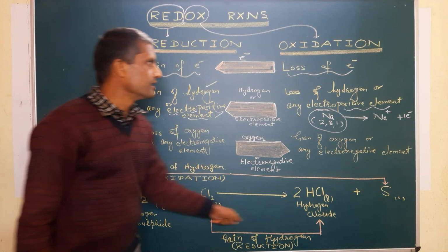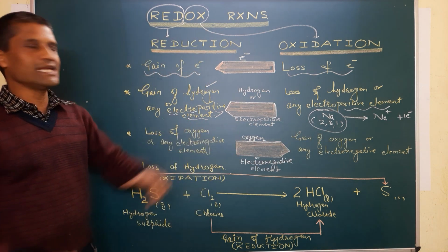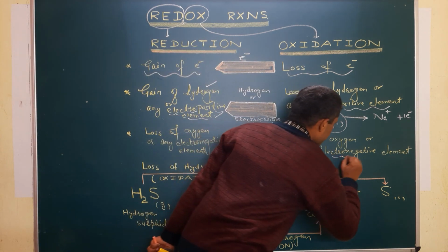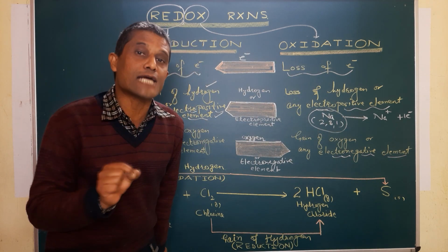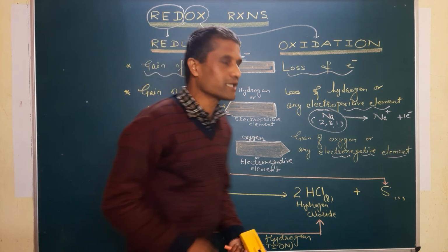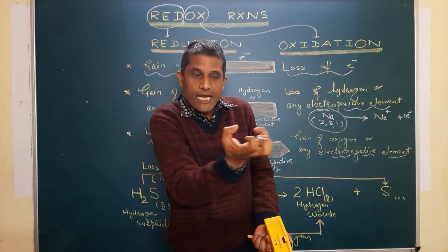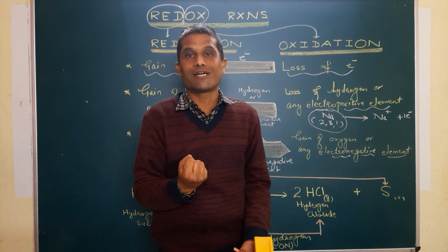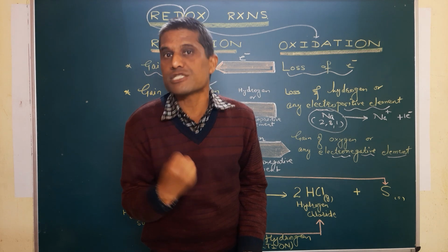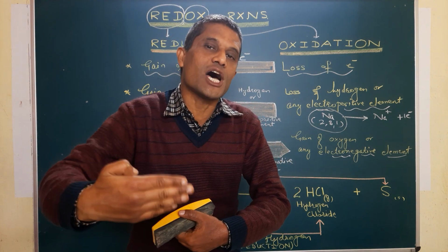Last and final, that is, gain of oxygen or any electronegative element. Electronegative element, as the name suggests. What are electronegative elements? Those elements which have a tendency to gain electrons in order to acquire the stable electronic configuration of the nearest noble gas, thereby getting converted into negatively charged ions.